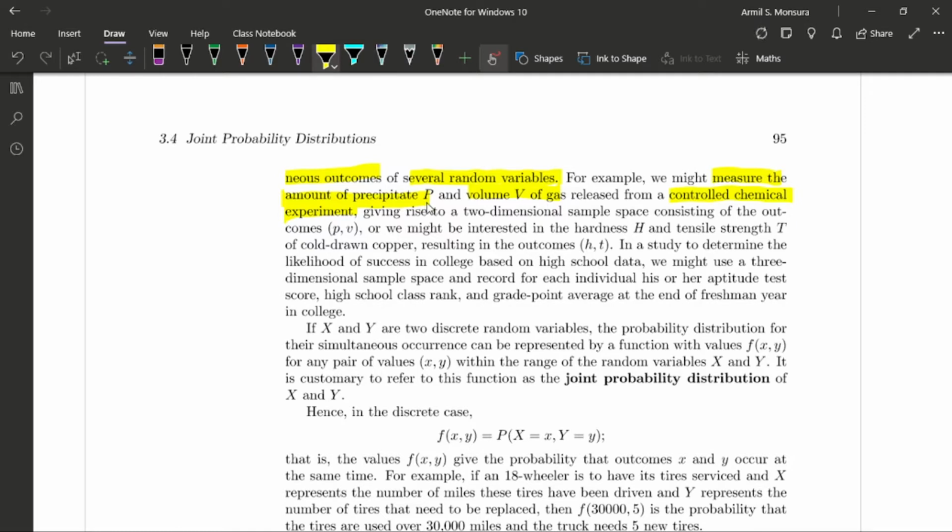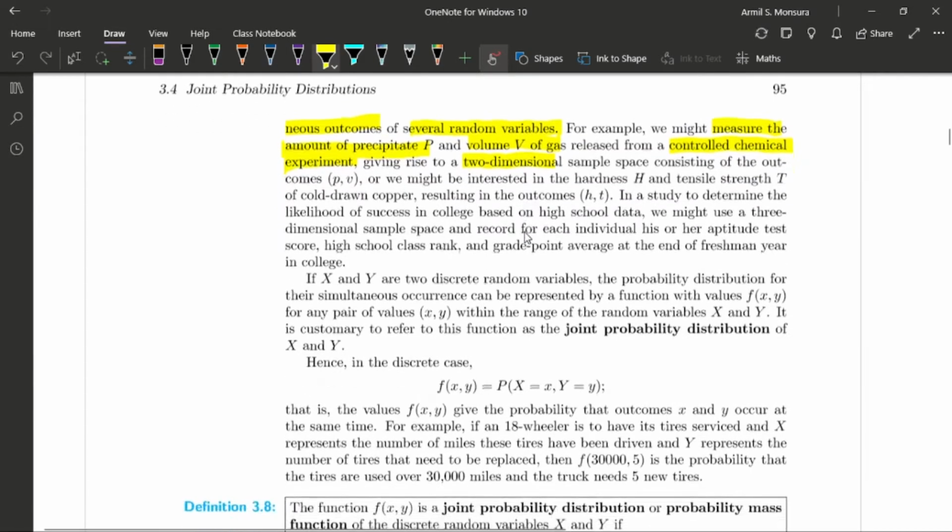So two random variables P and V, each assuming random values that pertain to the measured amount of precipitate and measured volume of the gas. So two-dimensional problem since we have two variables involved.